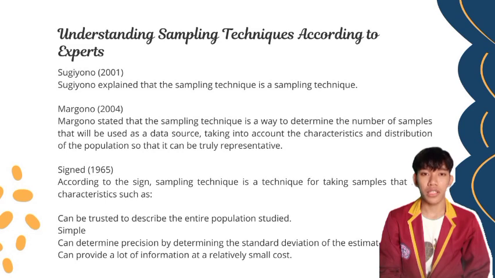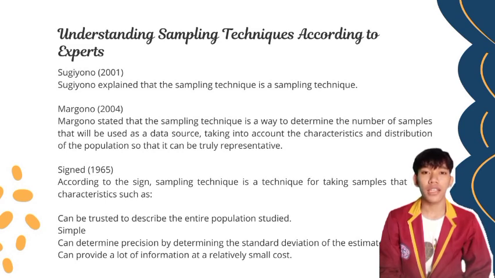Margono states the sampling technique is a way to determine the number of samples that will be used as the source, taking into account the characteristics and distribution of the population so that it can be truly representative. And 3. Slovin, 1965.